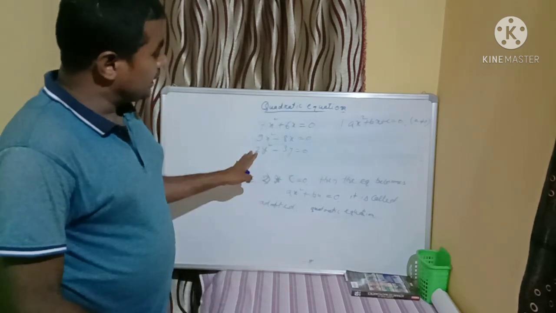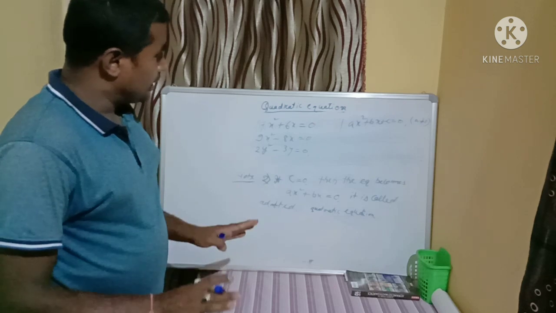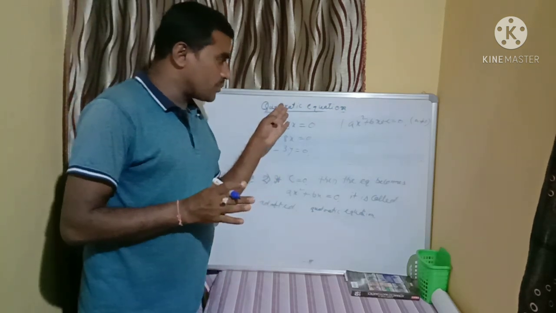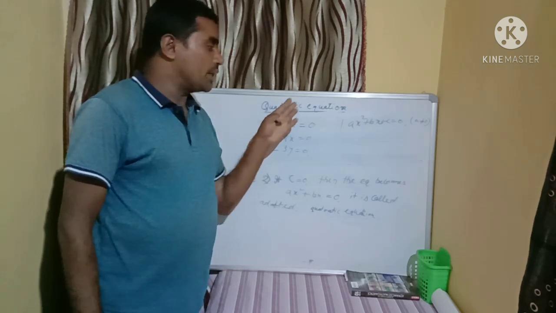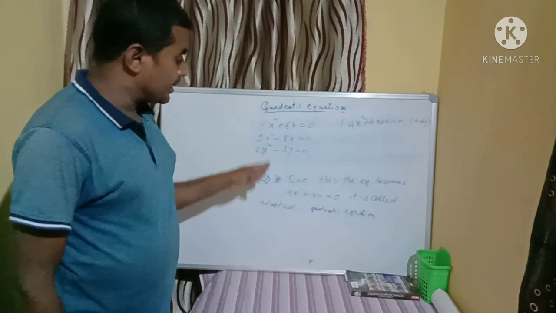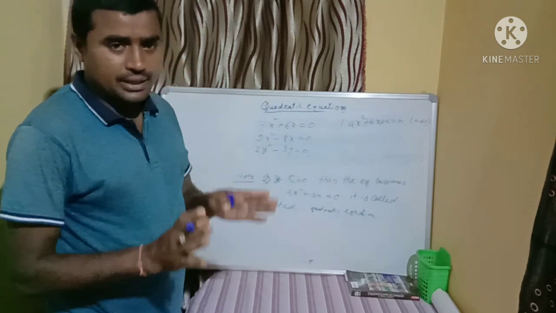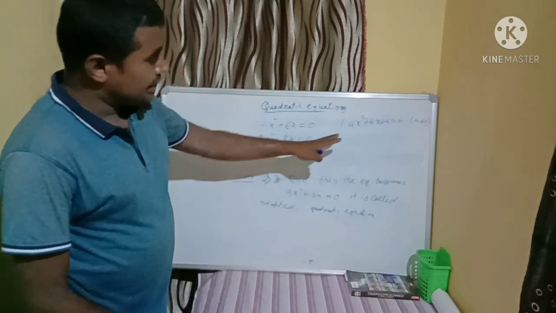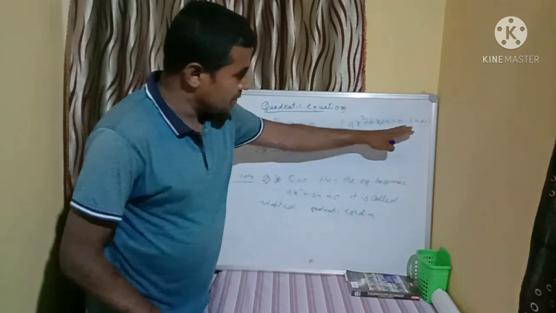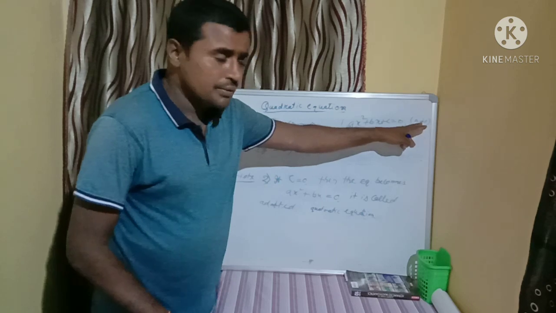Okay, so till now we have learned what is a quadratic equation, what is the standard form of a quadratic equation, and different types of quadratic equation. In the standard form ax square plus bx plus c, a never becomes 0.